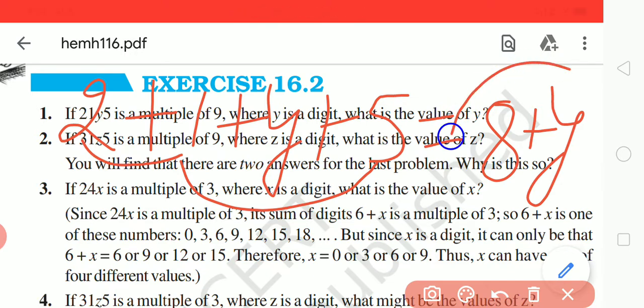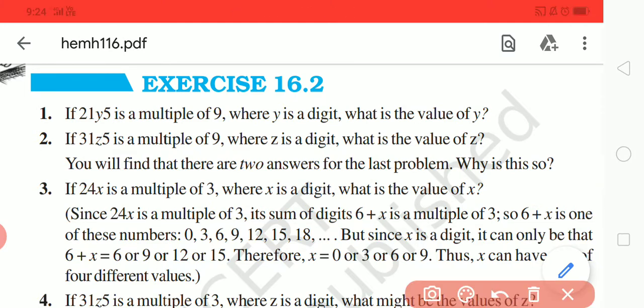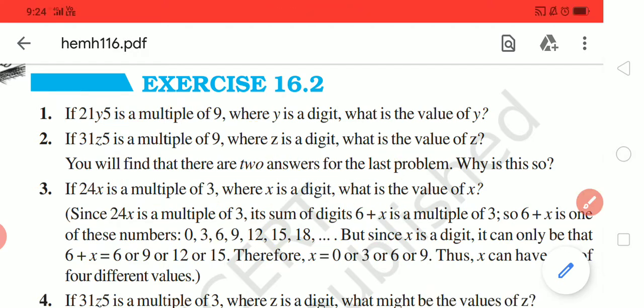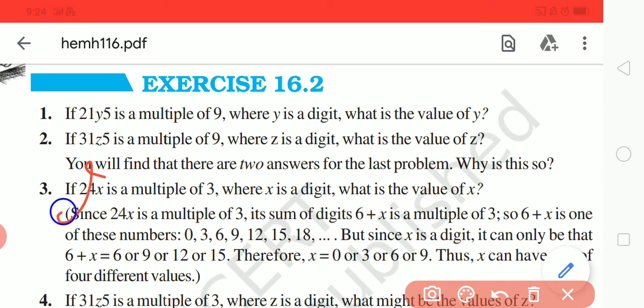So this 8 plus y must be a multiple of 9, right? Let us put it equal to the first multiple of 9, that is 8 plus y equal to 9. Then y equals 9 minus 8, so the value of y will be 1. Then the number formed is 2 1 1 5, right?